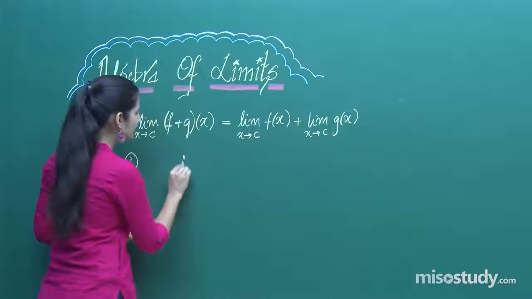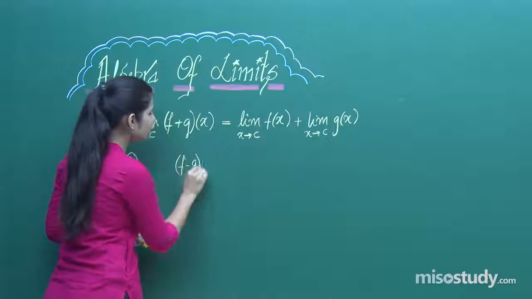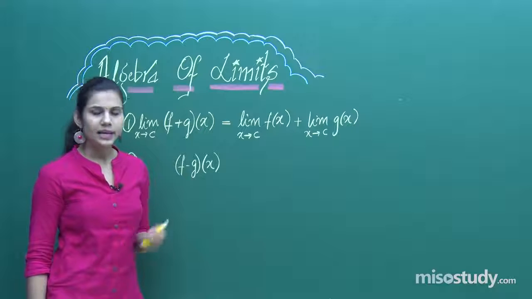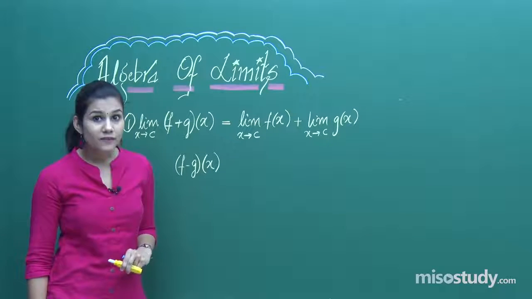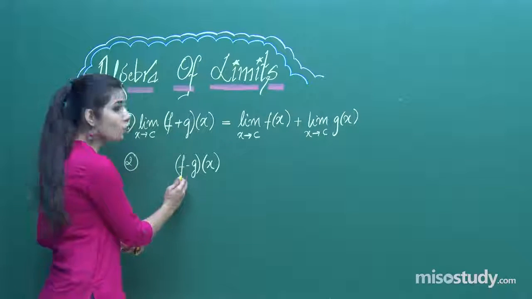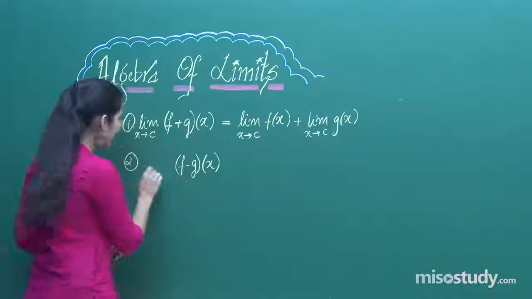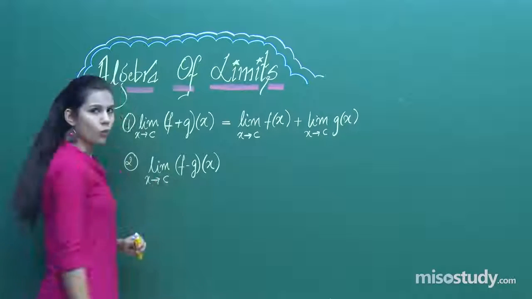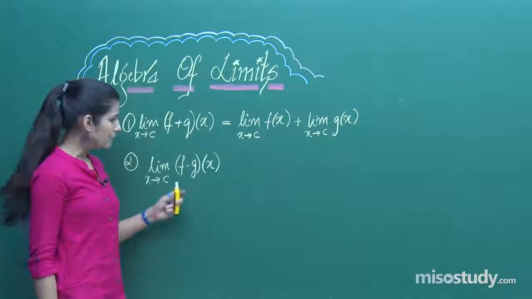That means I obtain a new function known as f minus g of x. Now the question is the same. If I wish to evaluate the limit of this difference function at the point C, what do I have to do?